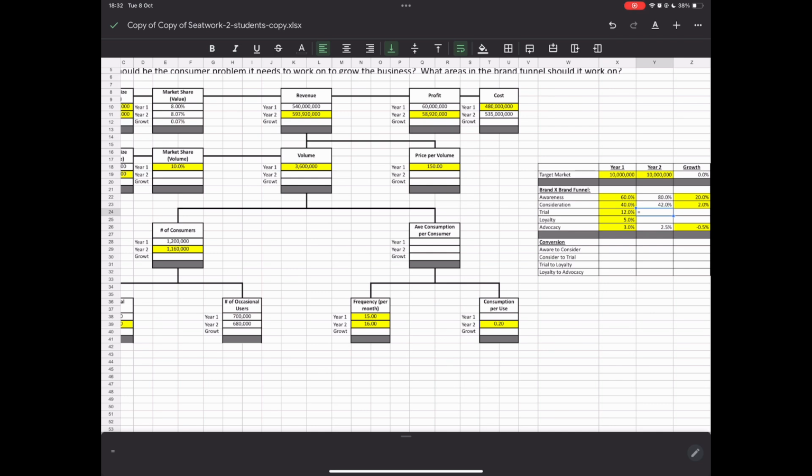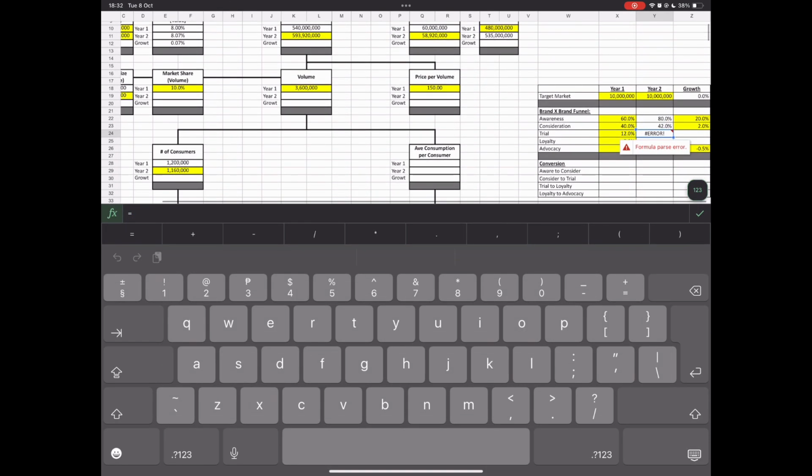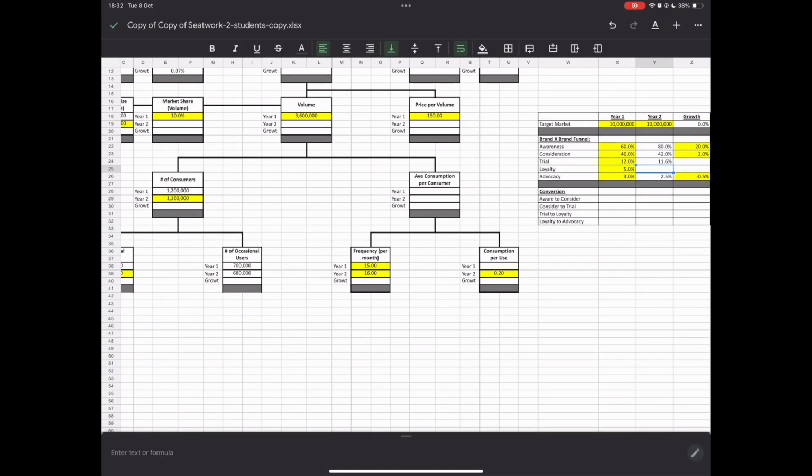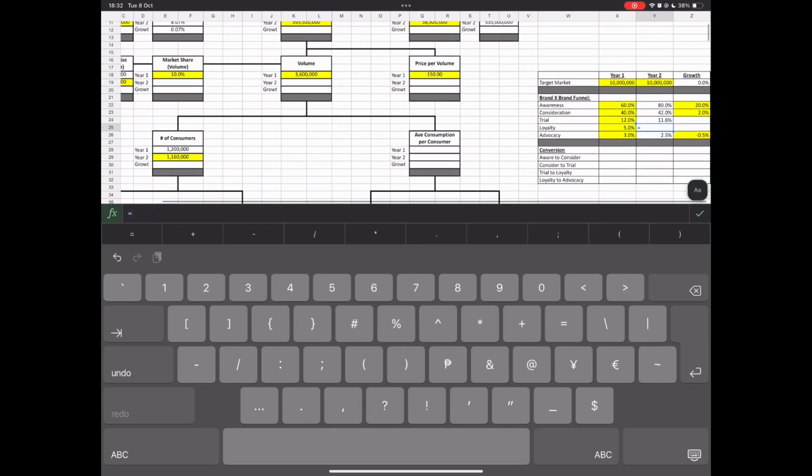If you copy that same relationship, you're now looking at the target market year 2, 10 million, and you're looking for what percent is 1.1 million of that. So you just E29 over Y19, that's 11.6.